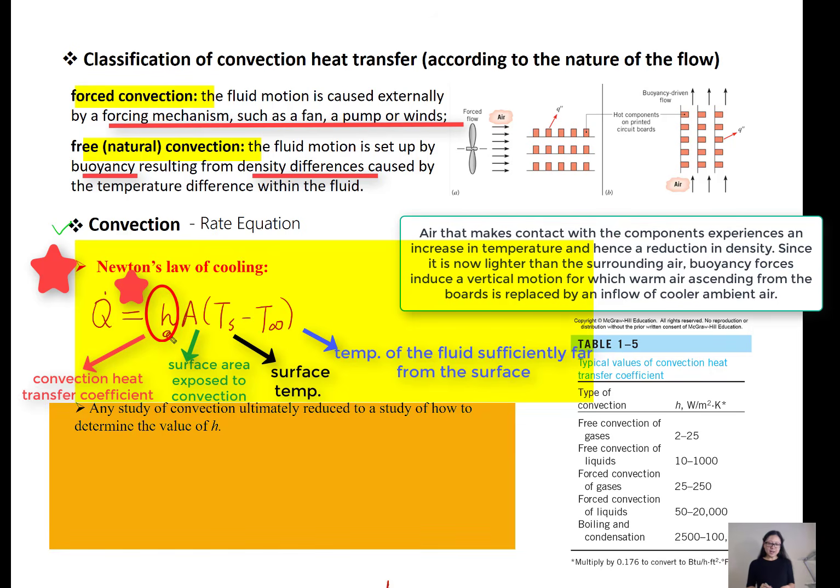Actually, any study of convection ultimately reduces to a study of how to determine the value of the convection coefficient. In chapters 6, 7, and 8, we'll focus on how to determine this convection coefficient. Prior to chapter 6, we'll use the convection coefficient as a known value.